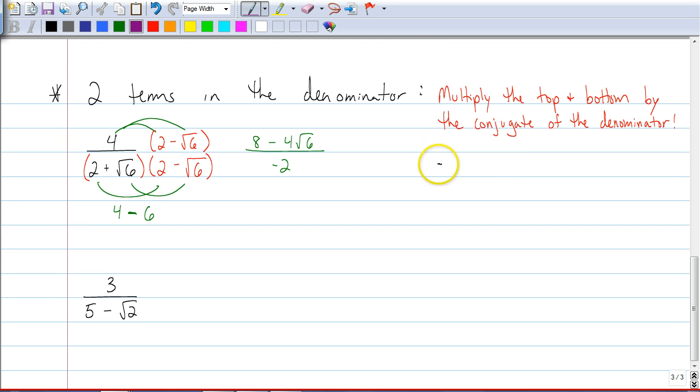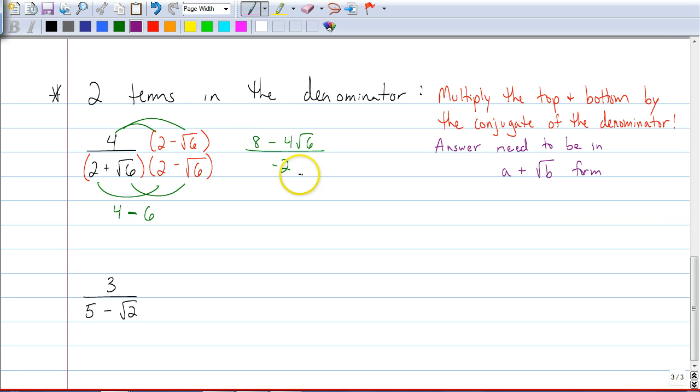The last thing we need to remember is that the answer needs to be in a plus square root of b form. Just like our imaginary numbers, when we found the conjugate of that, we had to have it in the form a plus bi. So the same thing is true here. We're going to take this fraction.